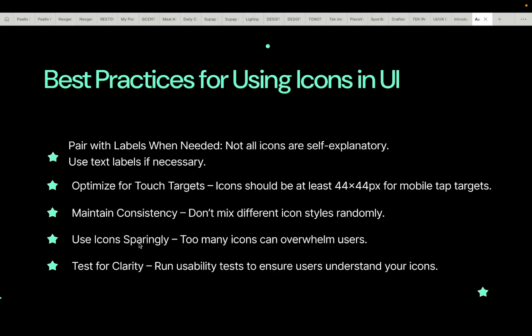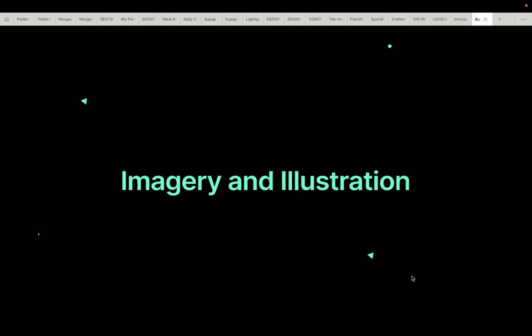Sometimes it just requires text, just typography. Sometimes it requires image and typography and all. So make sure you use it at the right time, at the right place. So text for clarity. You can run usability tests to ensure that users understand your icon.